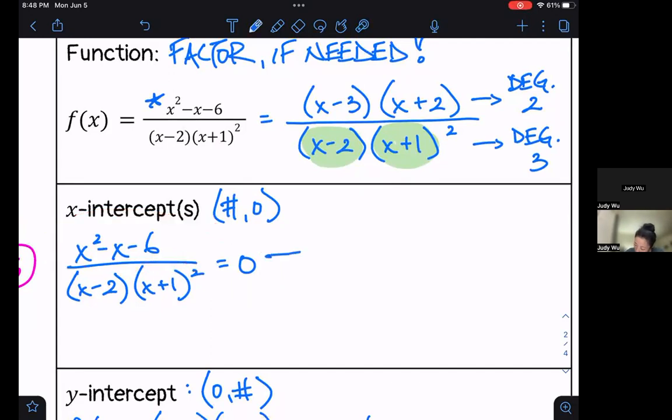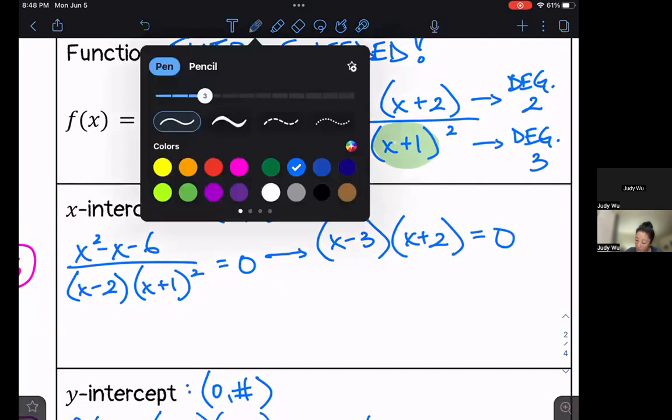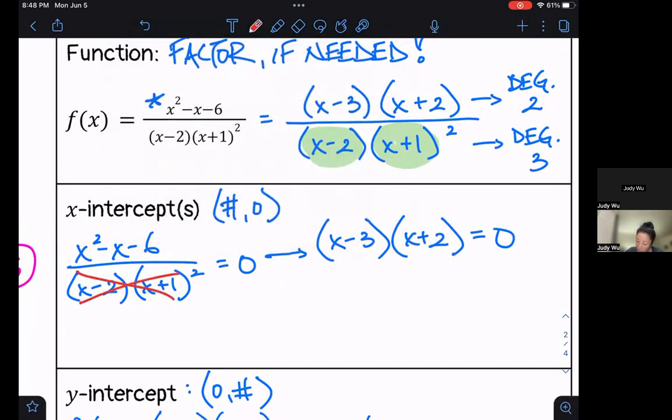In other words, (x minus 3)(x plus 2) equals 0, okay? We don't need to worry about that denominator because the only way we get 0 out of a fraction is when the top is equal to 0, right? Now, this gives us x equals 3. This gives us x equals -2.